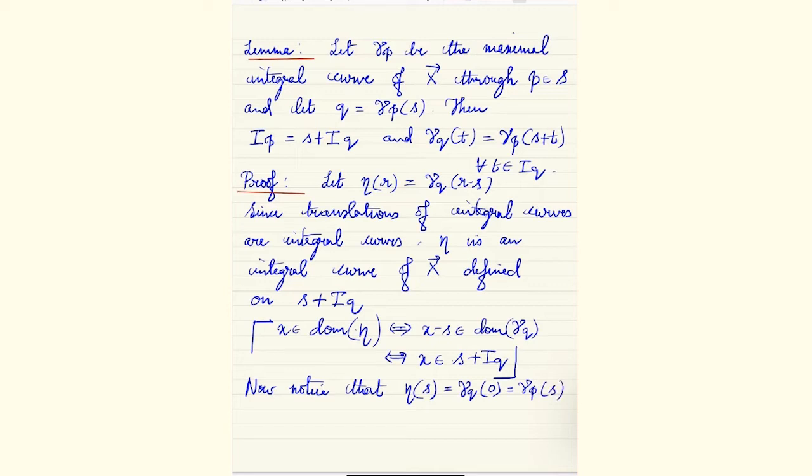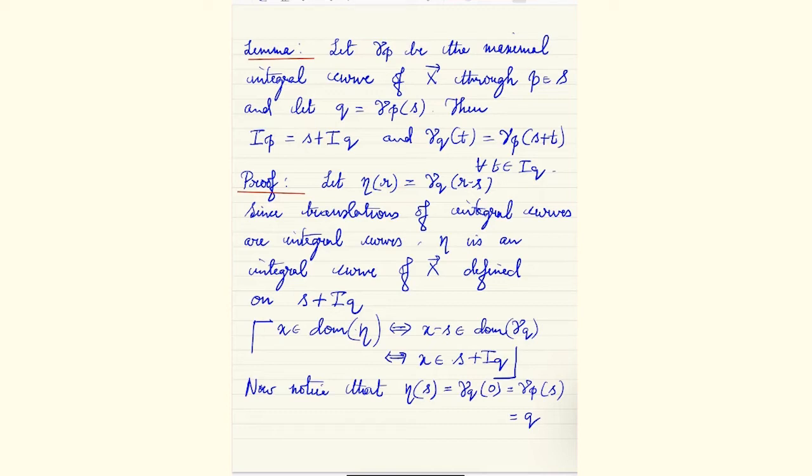But Q is gamma P of S. So what we therefore have is that eta and gamma P coincide at the point S. And what do we know about integral curves which coincide at a point?